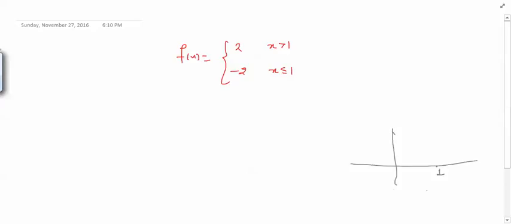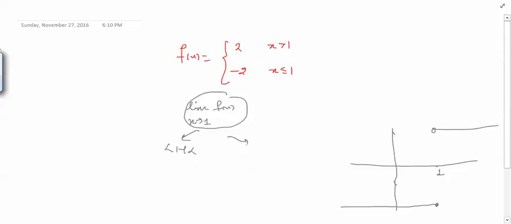Here you have 1, and the value of the function is 2 when x is greater than 1, and it is minus 2 when x is less than or equal to 1. Now if I want to compute the limit of the function as x tending to 1, I have to compute the left hand limit as well as the right hand limit.